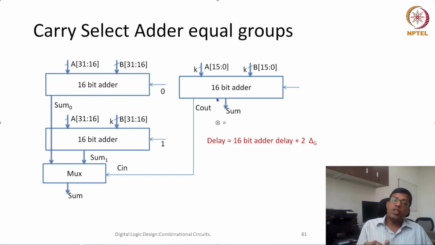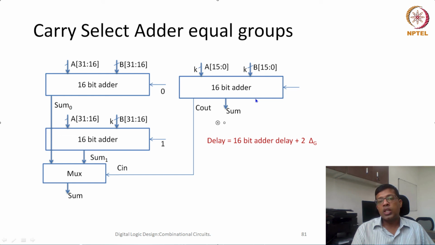But here, if we are using carry select adders with groups of equal sizes, then a lot of optimizations are possible. One optimization is that we can make sure this 16-bit adder is a fast adder. The other possibility is that we can apply this carry select technique hierarchically.